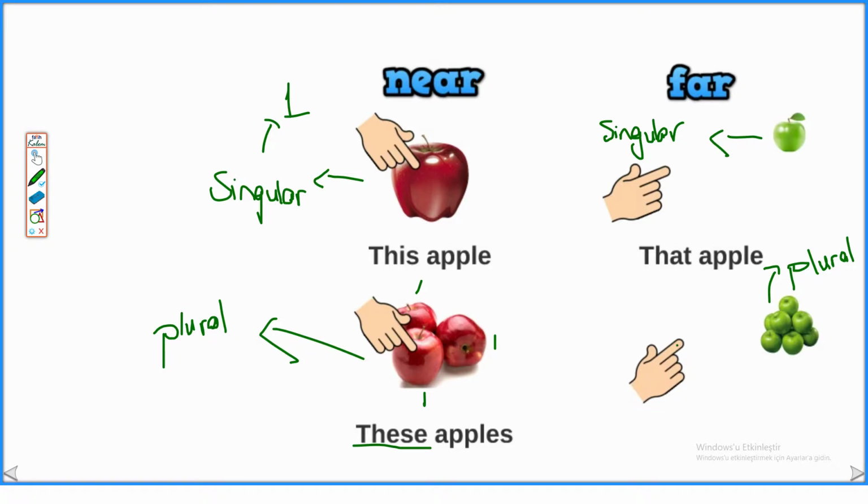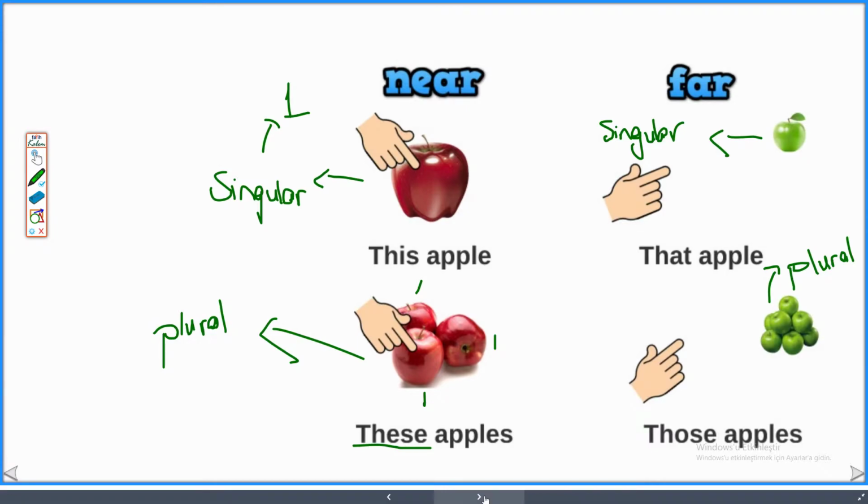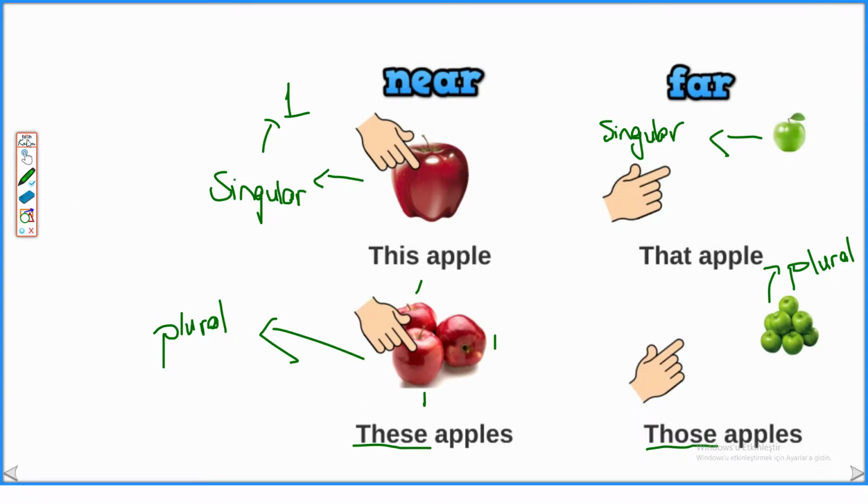As you see, I'm pointing at those apples. If it is plural and far, we use those. If it is near and plural, we use these.